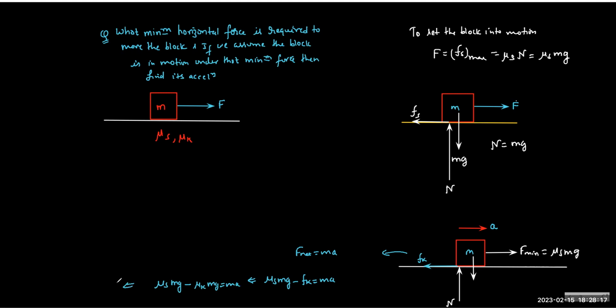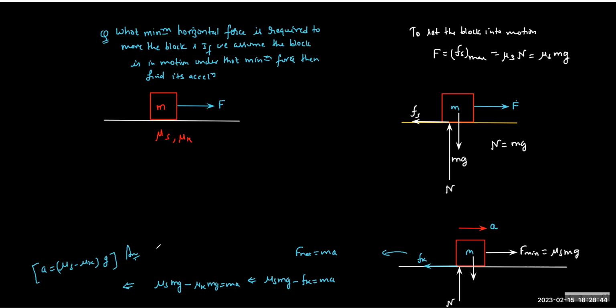You can clearly see that a turns out to be (mu-s minus mu-k) into g. And what is fascinating here is that the acceleration does not depend on the mass. So no matter how heavy the block is, the acceleration is going to be constant.